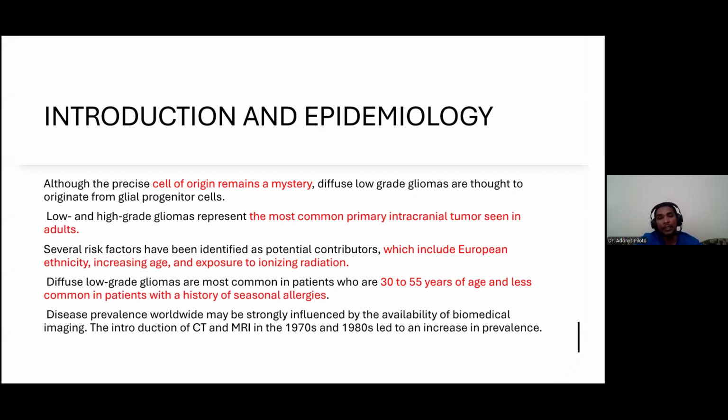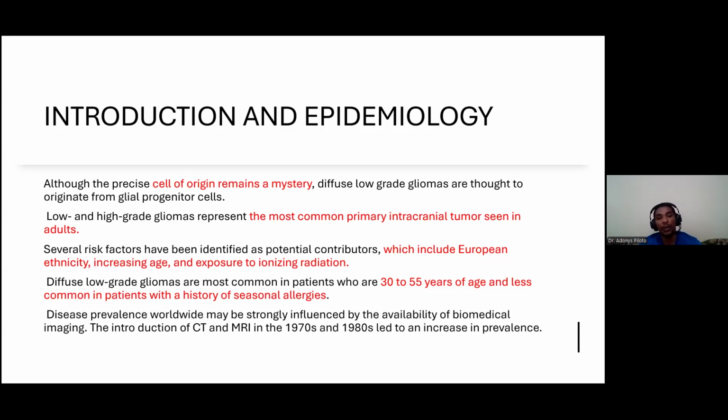It is considered the most common primary intracranial tumor seen in adults, and there are several risk factors that have been identified as potential contributions, which include European ethnicity, increase in age, and exposure to ionizing radiation. This type of tumor is most common in the population between 30 and 55 years of age, and less common in patients with a history of seasonal allergies.